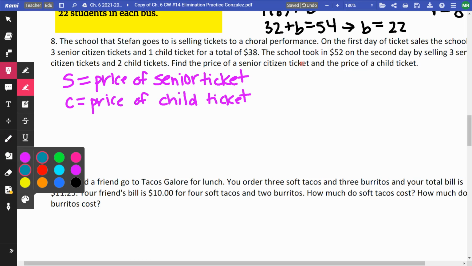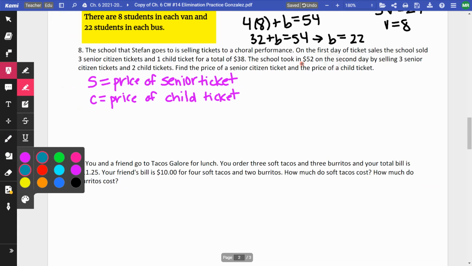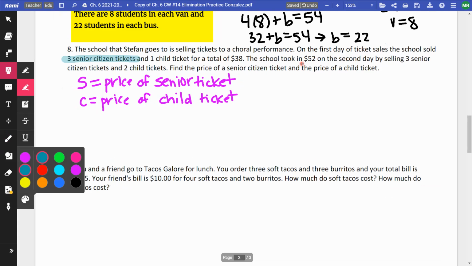And I'm going to be writing an equation for the first day of tickets, which was 3 senior citizens, 1 child for $38, and $52 on the second day for 3 senior citizens and two children.